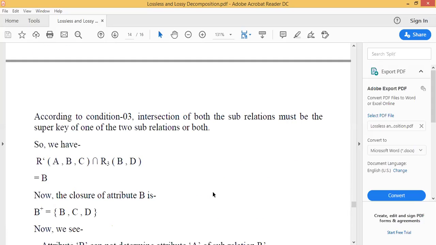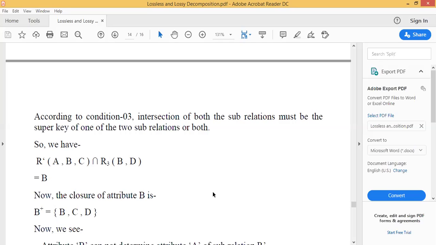Next, condition 3. According to condition 3, the intersection of both the subrelations must be a superkey of one of the two subrelations or both. So we have R dash (ABC) intersection R3 (BD), which holds B. Now the closure of the attribute B is BCD.